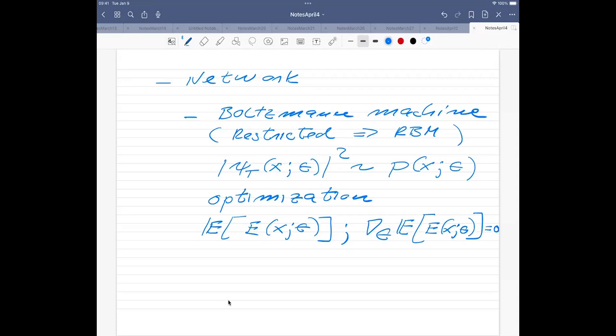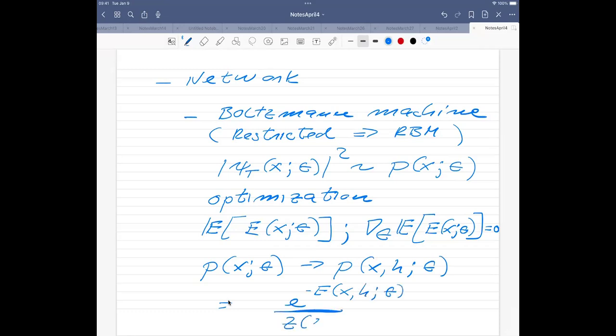So you can take everything you did in project 1. The only thing we need to do is replace the trial wave function with a probability distribution, which is going to look like this: P of x, h, theta, which is given by e to the minus E, which now depends on x, h and theta, divided by the partition function Z of theta.